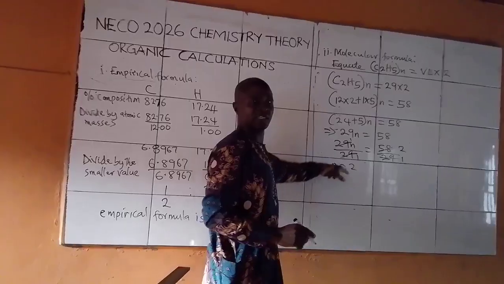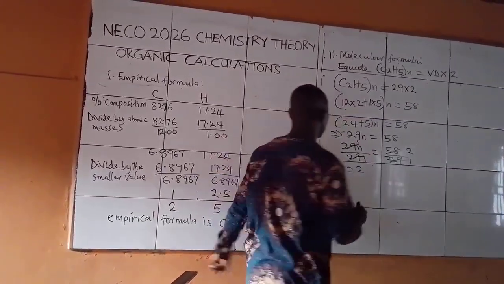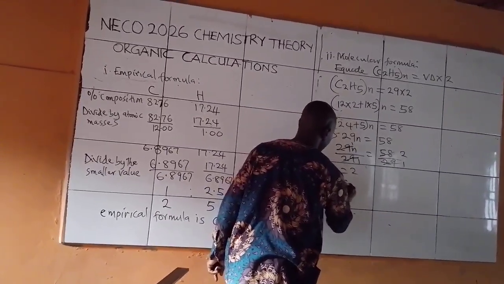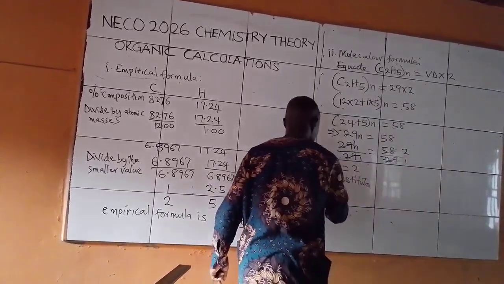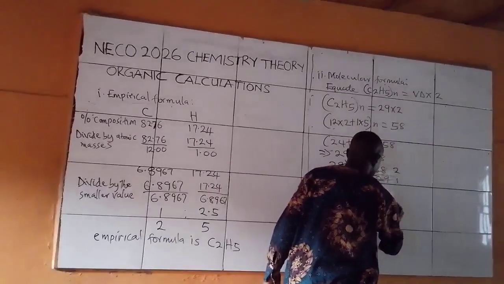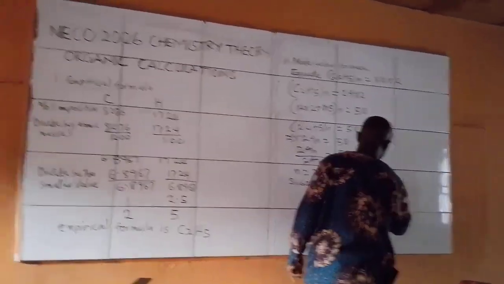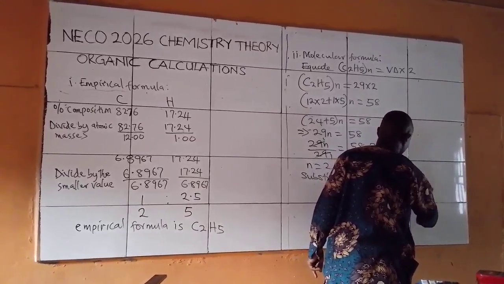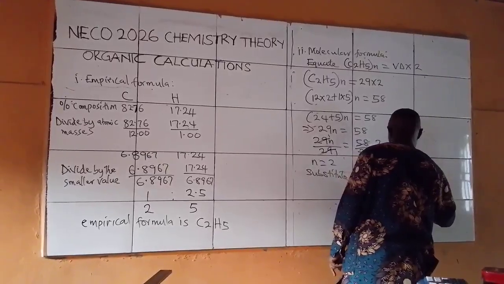Now, because our n is equal to 2, we have to substitute 2 back into this formula. So we substitute 2 for n in C2H5N.